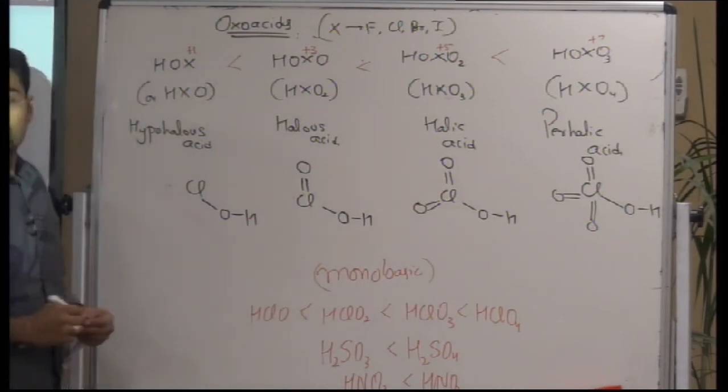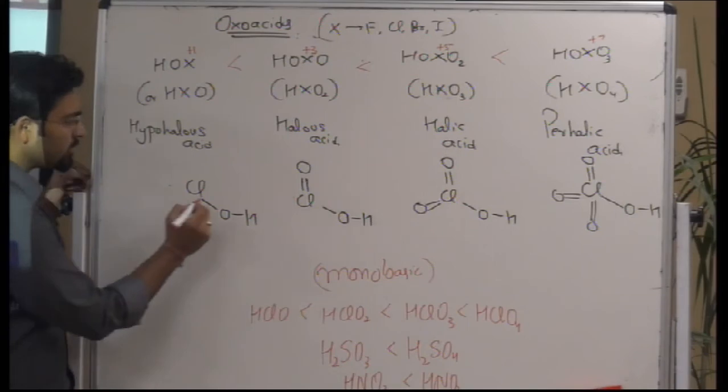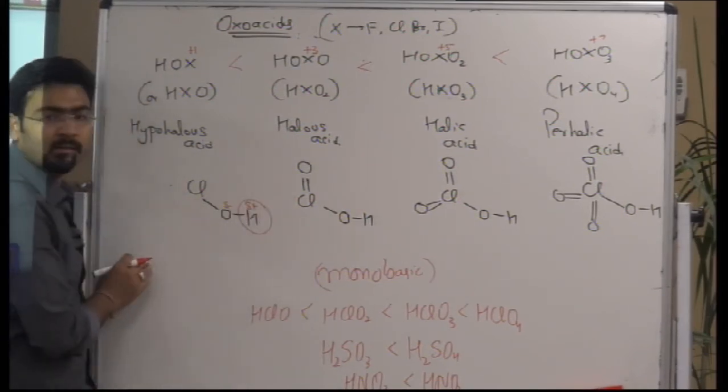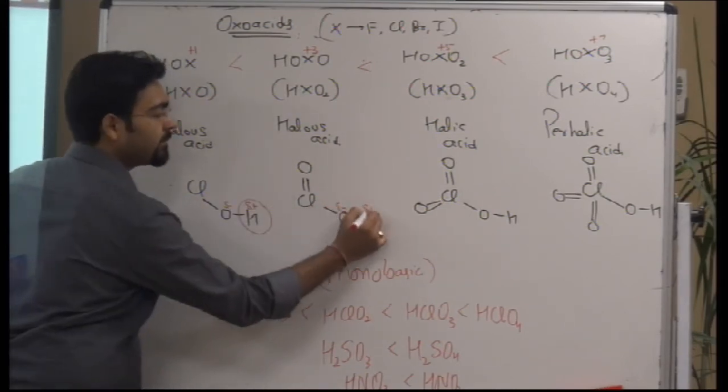Now, if I observe all the 4 oxoacids of chlorine, there is a polarity in the bond of oxygen and chlorine, which will result in the removal of H plus easily from this bond. So the same thing is happening here.